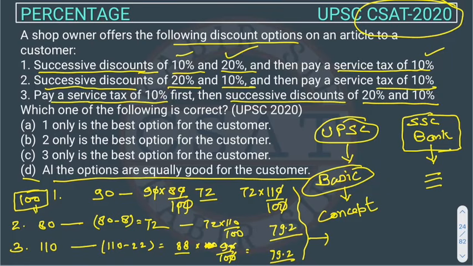Okay, so the answer will be option D. But in the exam you don't need to solve this. You just need to remember there is one concept in percentage about successive discount. The same concept we apply in one more question type in population. So these are one famous type in percentage.